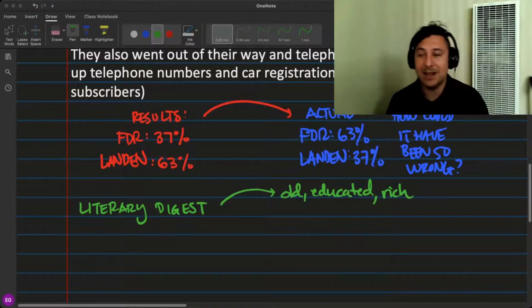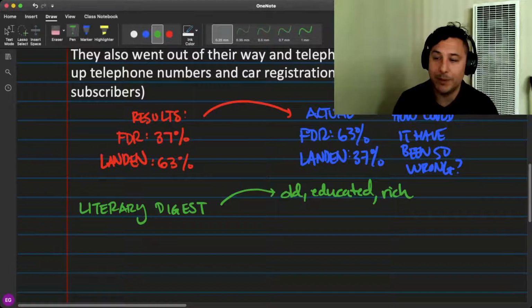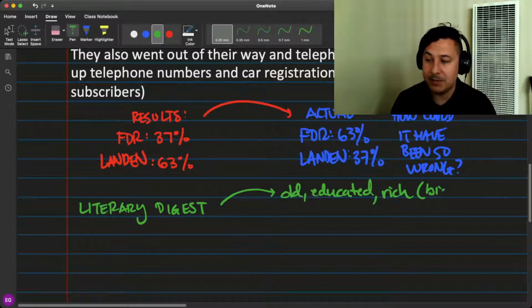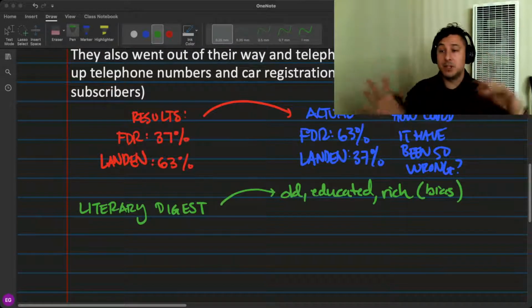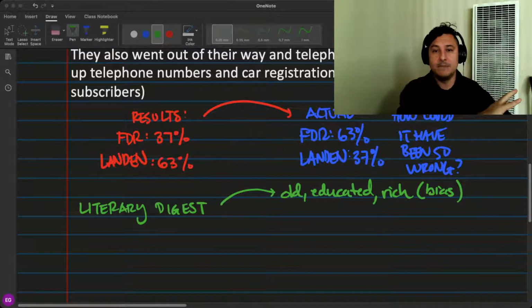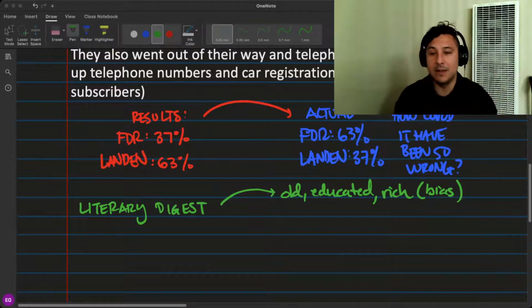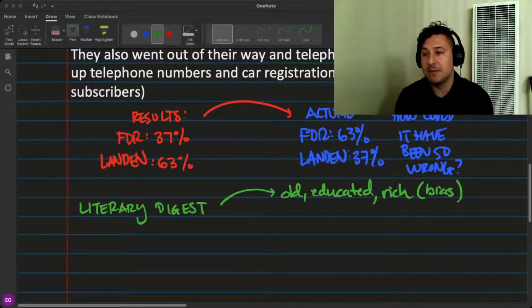So right away you're skewing towards a certain group of people. The fact that they asked people who subscribe to their magazine means they're only asking a certain group. A lot of people don't subscribe to Literary Digest, right? Apparently the people who subscribed were more likely to be fans of Landon than the general population.